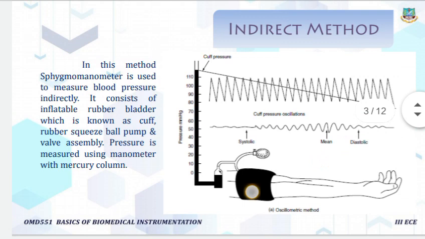This cuff is wrapped around the patient's upper arm, at a point midway between the elbow and the shoulder. You all know where we place this, right?